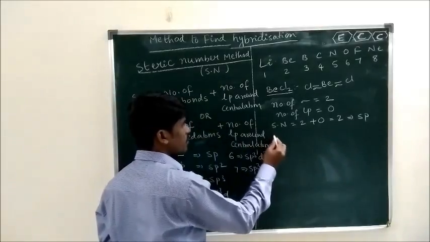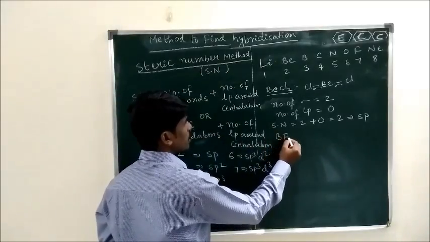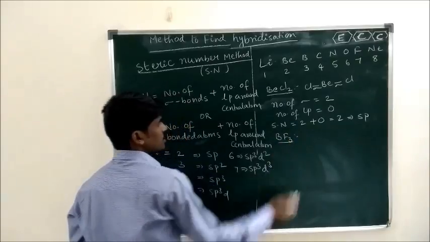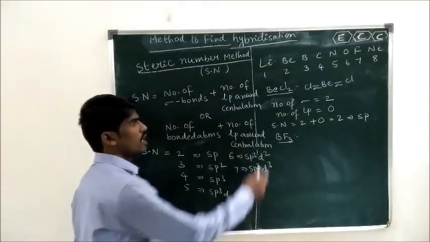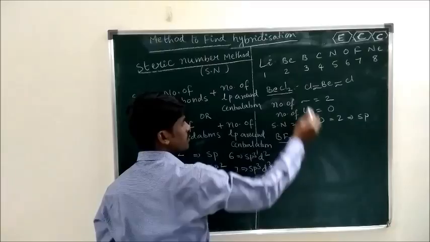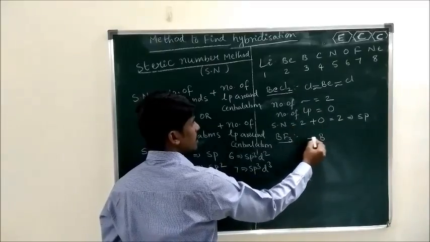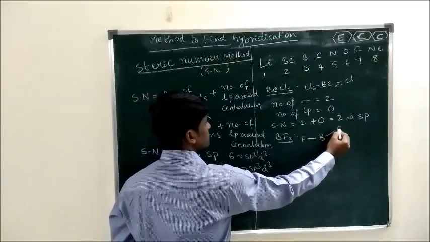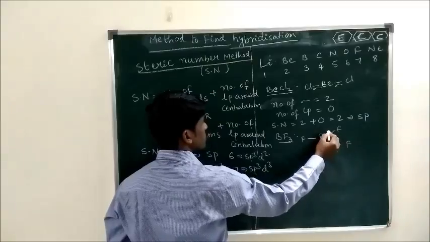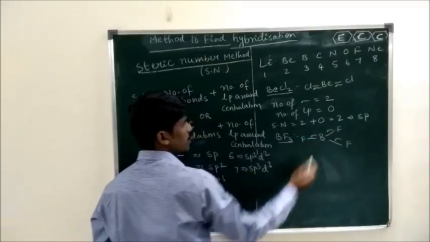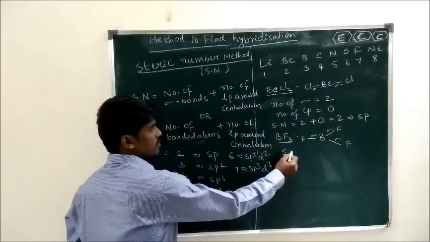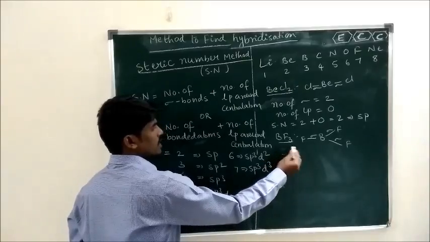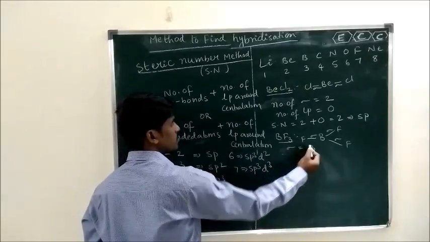I'll take one more example. Similarly, boron trifluoride. Boron, how many valence electrons are there? 3 valence electrons, so it can form 3 bonds: sigma, sigma, sigma. Number of sigma bonds is 3.